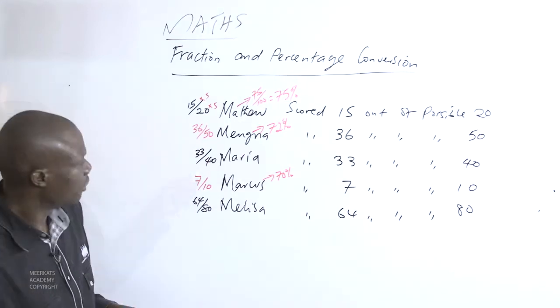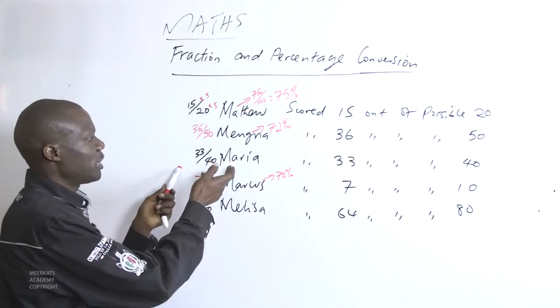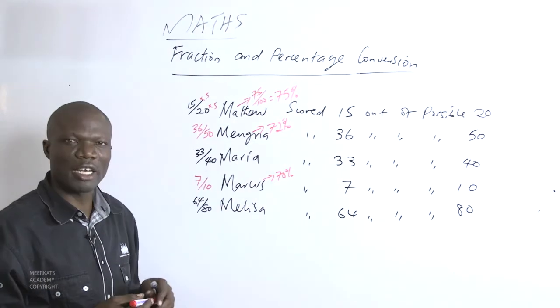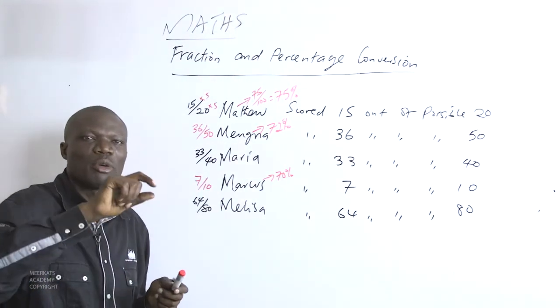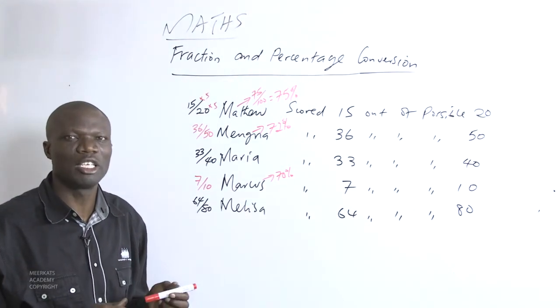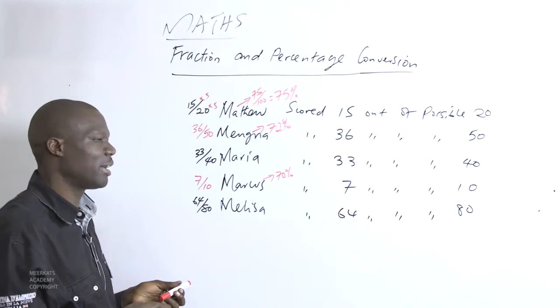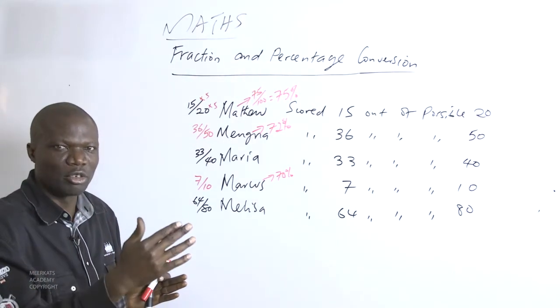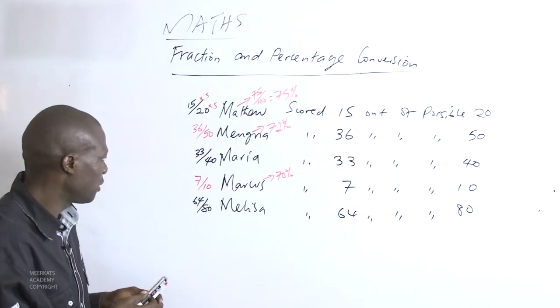So the very first thing here, when you key in using a calculator, it will automatically give you a decimal. And to change from a decimal into a percentage, you only need to multiply by 100 and move the decimal point 2 places to the right.